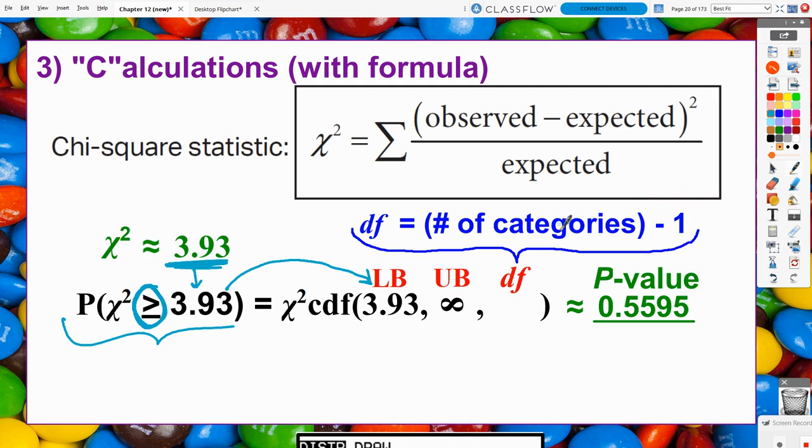What are the categories in our M&M problem? The categories are the colors. So the number of colors minus 1. There were 6 colors minus 1, so we have 5 degrees of freedom. Once I type in chi-square CDF with that information, I get a rather large p-value here.